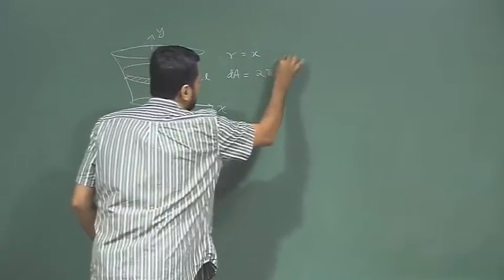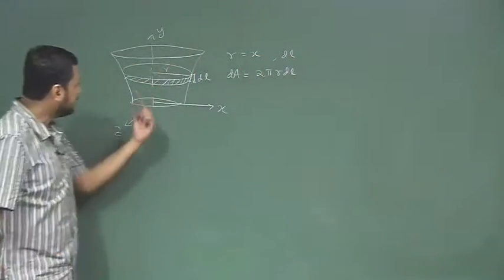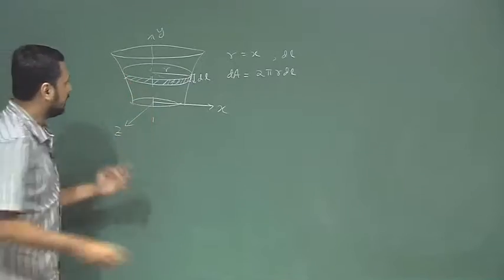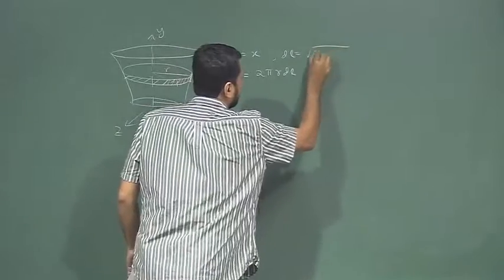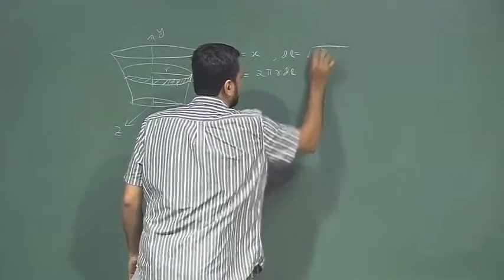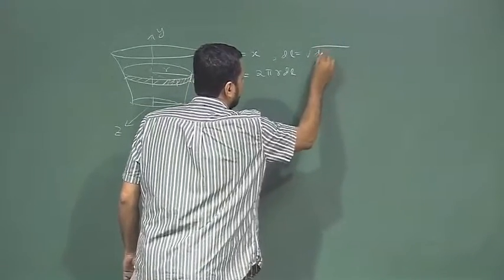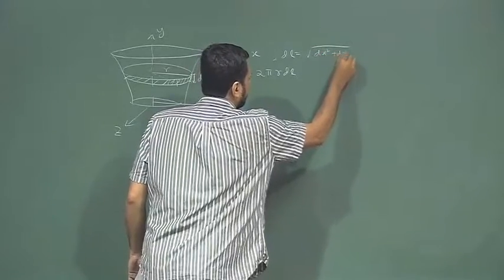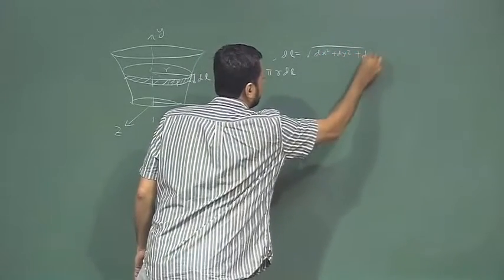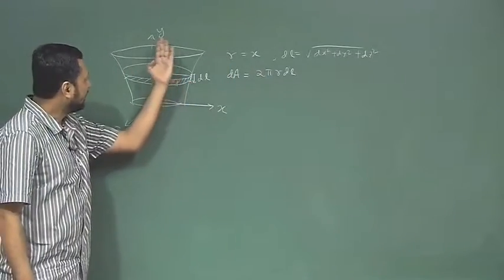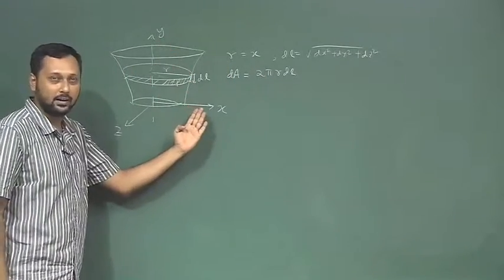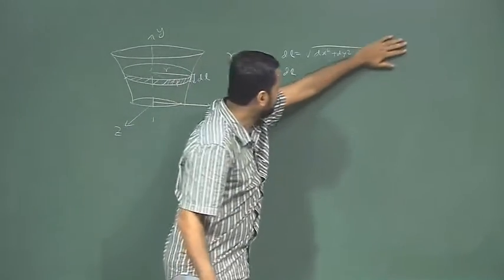Similarly, your dl in any arbitrary generalized position is root over of dx square plus dy square plus dz square. But once we take the slice in the xy plane, this dl also reduces and there is no z term.